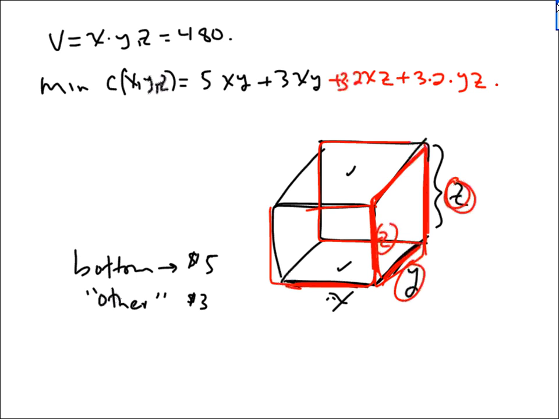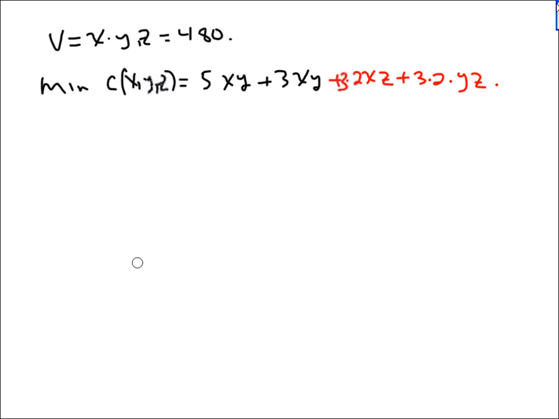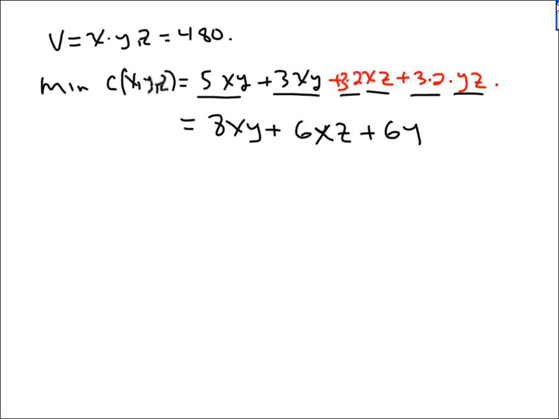Okay, let's get rid of the picture and let's clean up this cost function. For example, 5xy plus 3xy, that's 8xy, plus 6xz, I meant to say xz, of course, plus 6yz. That is your cost.